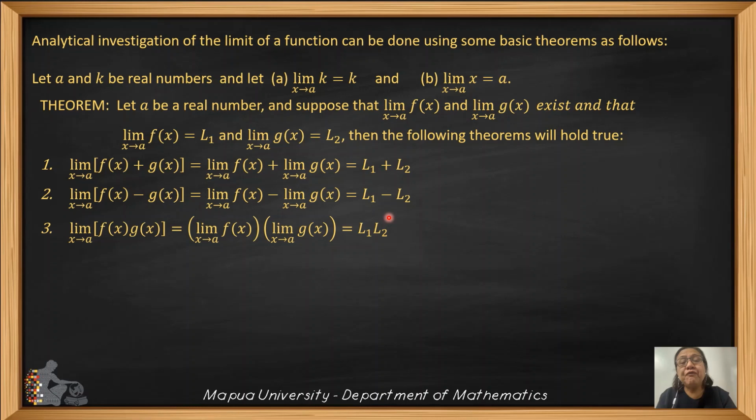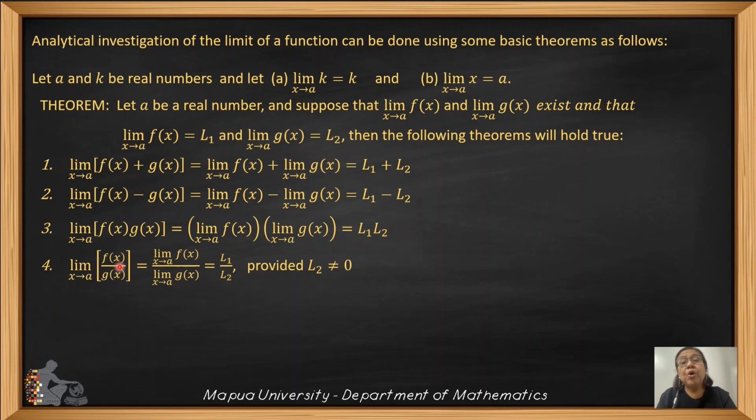For the product of functions f of x times g of x, the limit of the product as x approaches a is equal to the product of the limits of each of these functions, so that we have L sub 1 times L sub 2.